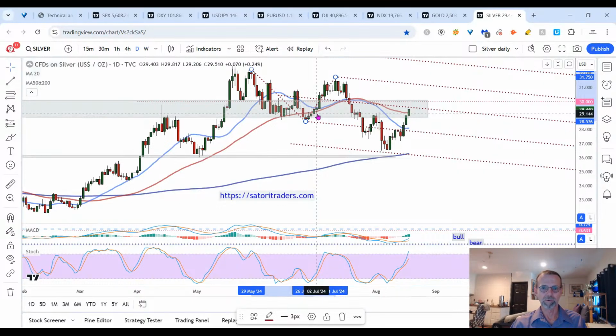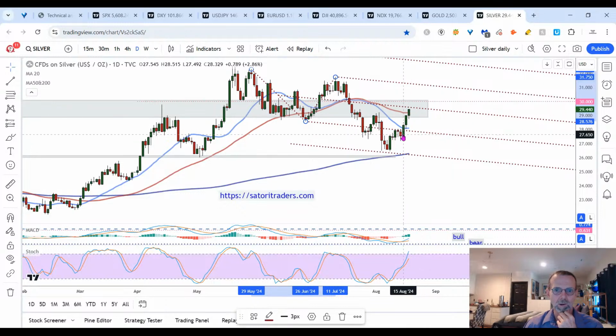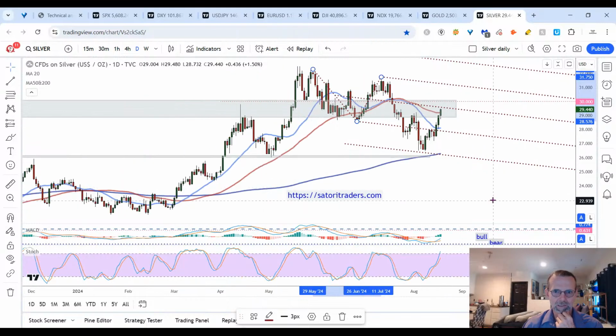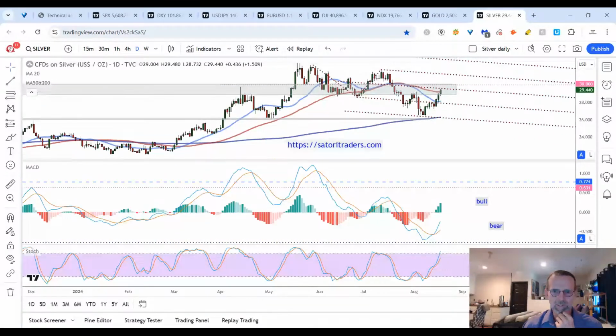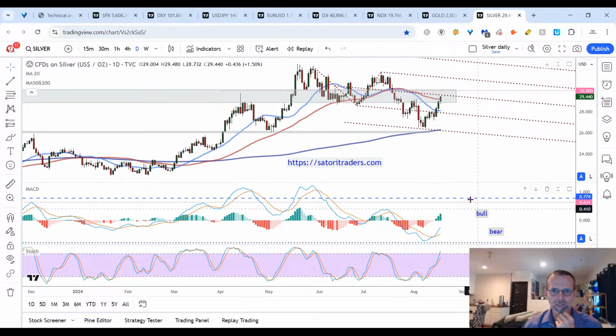But silver is moving quite strongly. I mean, that's three strong price bars there in the last three sessions, and so that's nice action in silver. MACD still in bear mode, suggesting that the primary trend is to the downside.